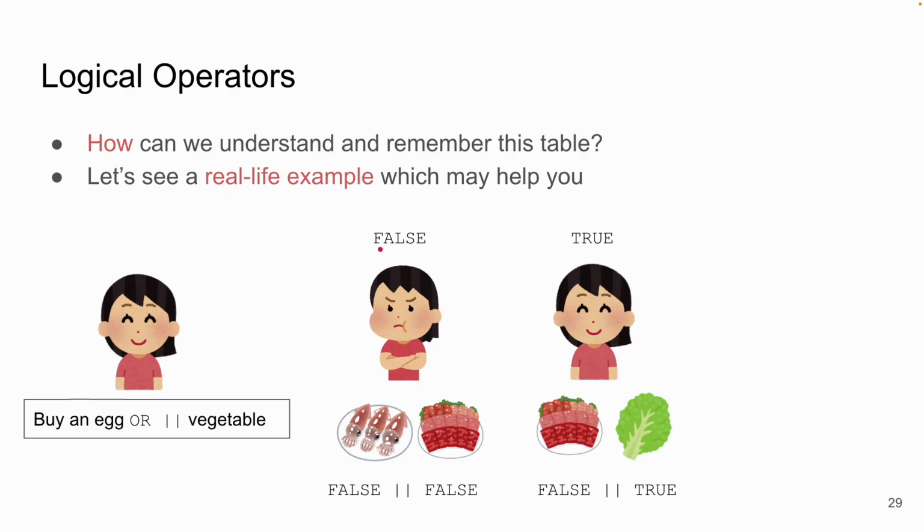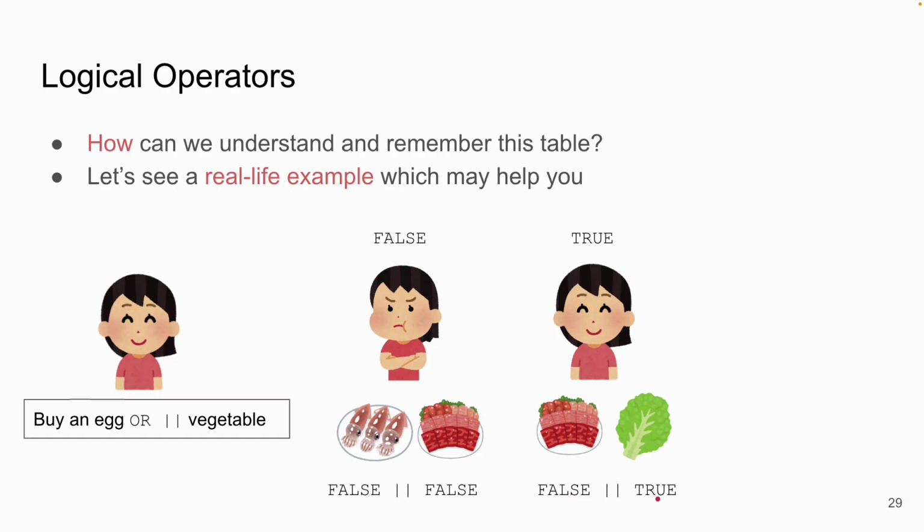Then you go to the supermarket for the second time, and this time you buy the meat and a vegetable. Because your mom's instruction is you can buy the egg or a vegetable, you meet one of the conditions. So your mom will be happy in this case because you buy vegetables.